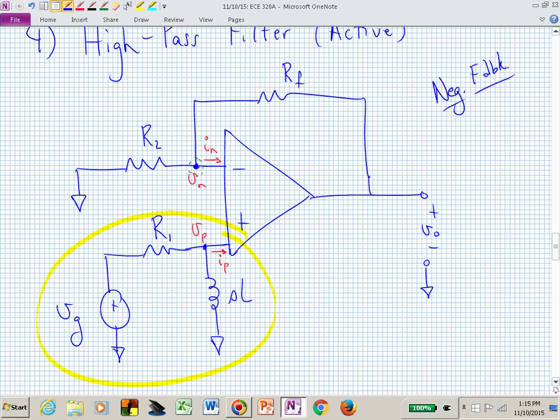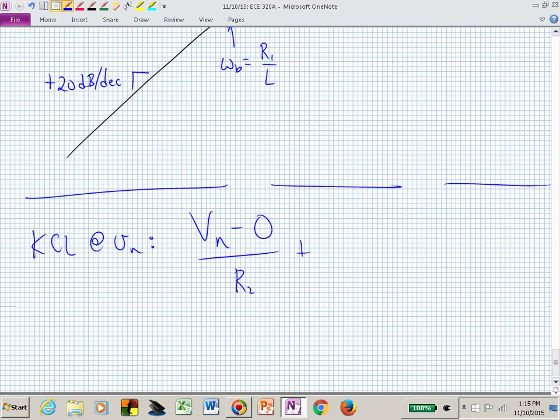Nothing. So we have plus 0. And now what's the current through R sub F going from left to right? How would I denote or describe that current? What was the R sub F?